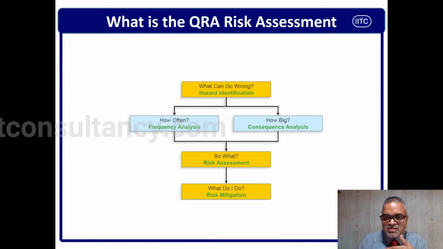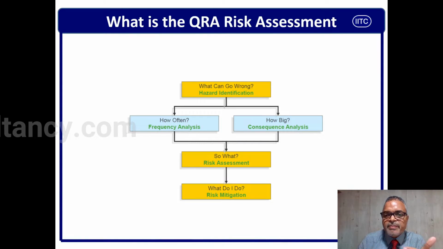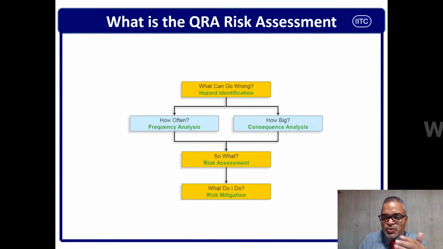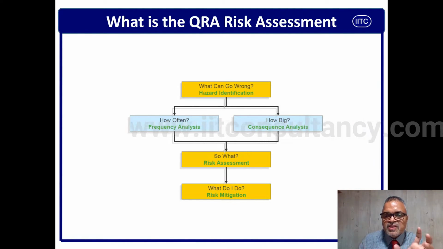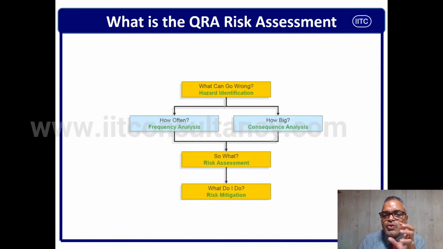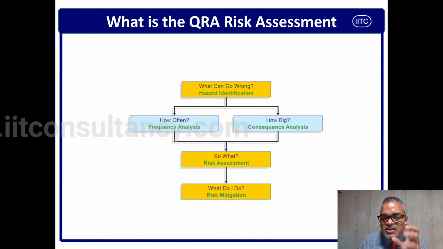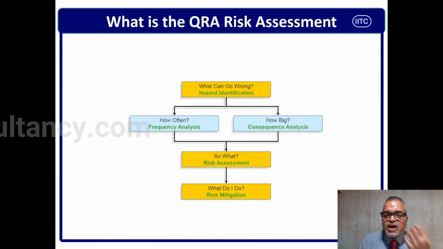Now DNV keeps updating their software based on industry's feedback, based on their knowledge, based on their inputs. So then they changed the version. Now the latest version is 6.8 of PHAST. So if you do the quantitative risk assessment in the latest version, probably you will have nice output.